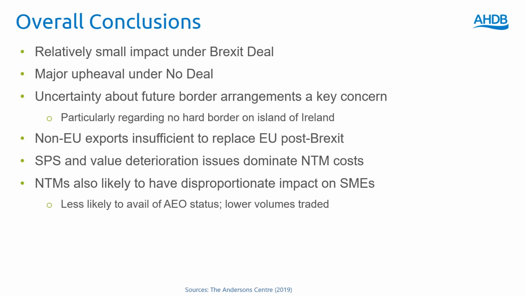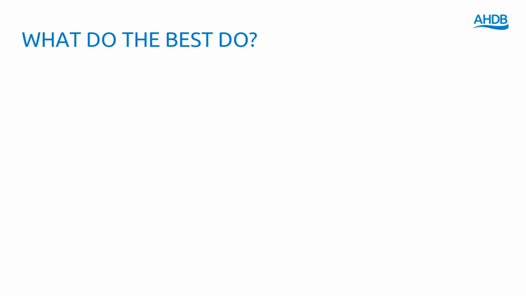And coming back then to what farmers can do at a farm level, because there is a lot happening in the policy environment generally, but what actions can be taken at a farm level to address some of the issues. A while back, the AHDB, in collaboration with Andersons, did look at the characteristics of top performers on UK farms and what they're doing differently versus the others and what's leading to their superior performance.